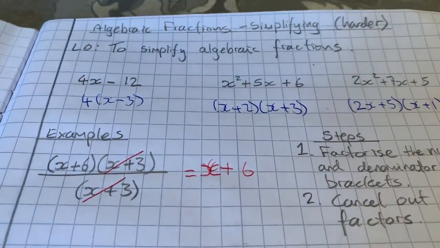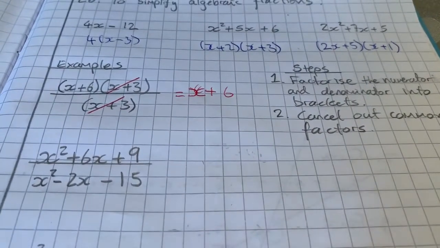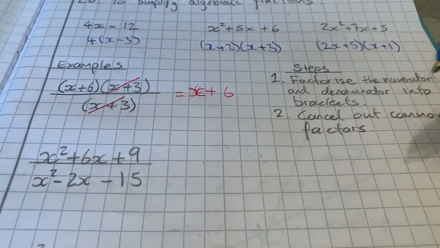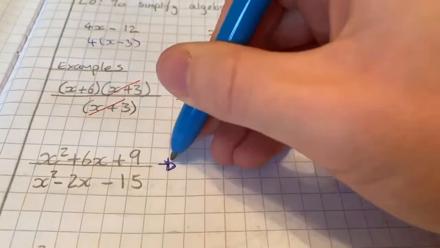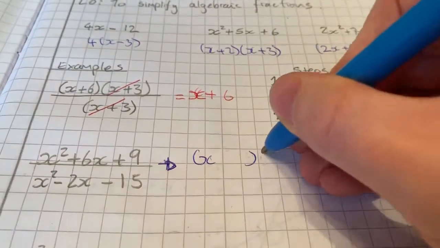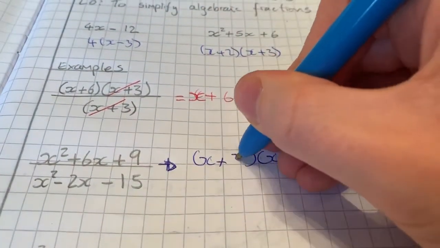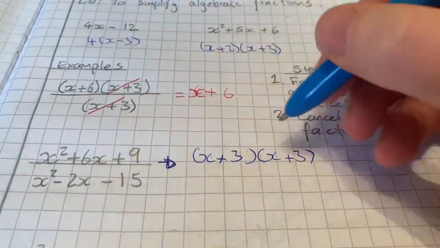We then look at one that needs factorising. Here we've got x squared plus 6x plus 9 all over x squared minus 2x minus 15. Start off by factorising the numerator and denominator into brackets. For the top part, we're going to have two brackets, x plus 3 and x plus 3, because two factors of 9 that add to make 6 are 3 and 3.